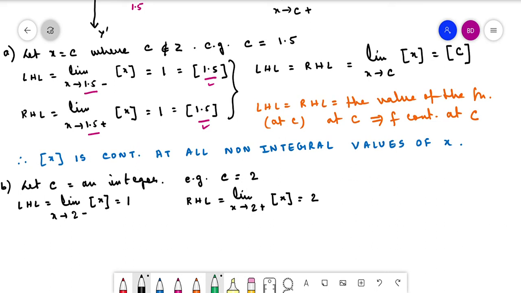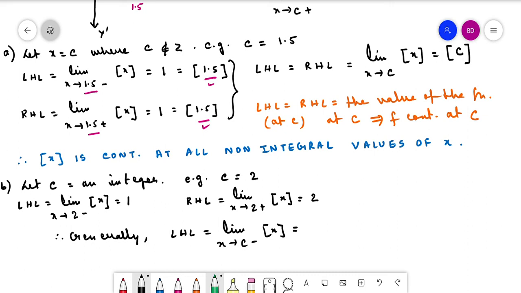So if I generalize this result, for any integer c, the left hand limit is the limit as x tends to c from the left of box x. Here, when you have taken 2, you got 1, right?